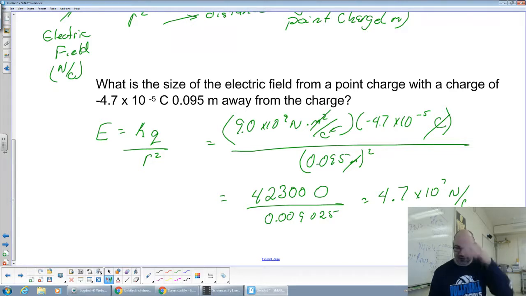Of course, you can have an example where you have to find something else involved in the example as well. You could have, given the electric field, you could find something else. So let's do one example of that before we shut her down. It's 35 minutes, so we'll go a little bit longer here.